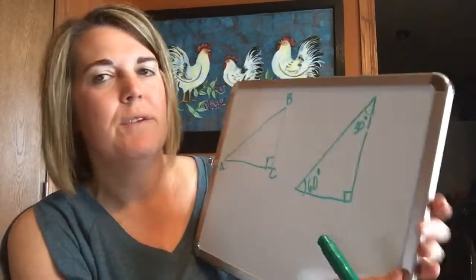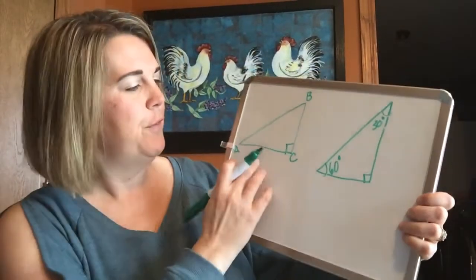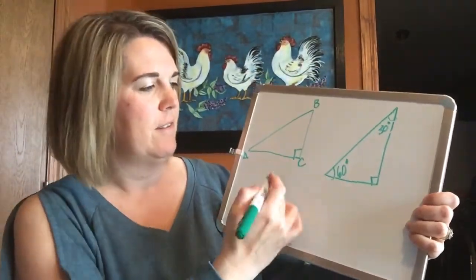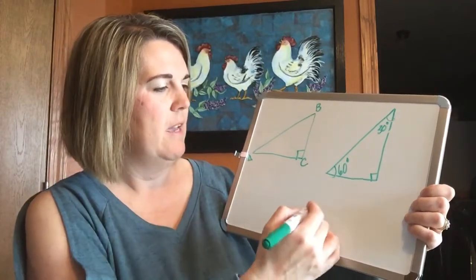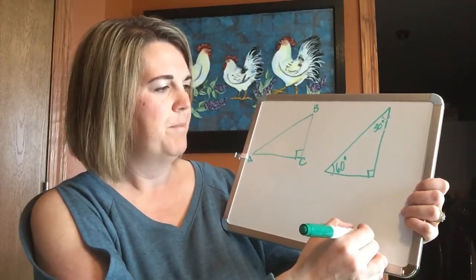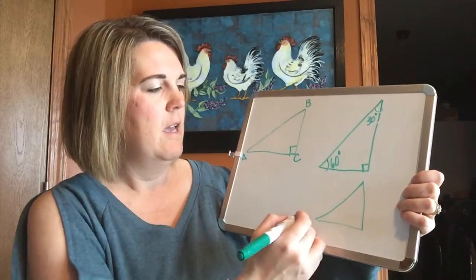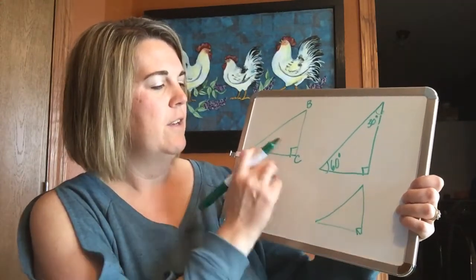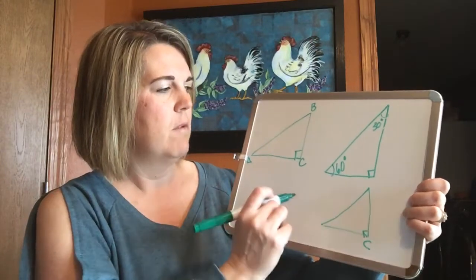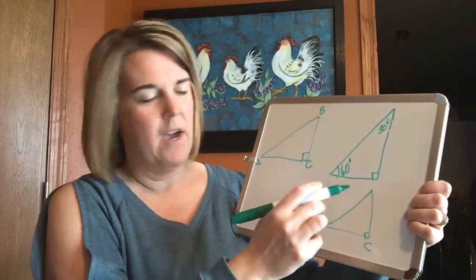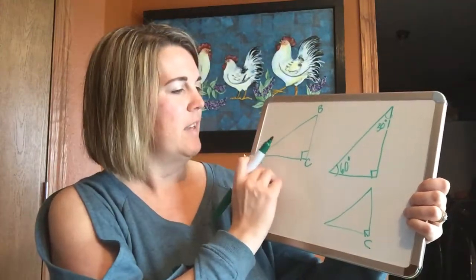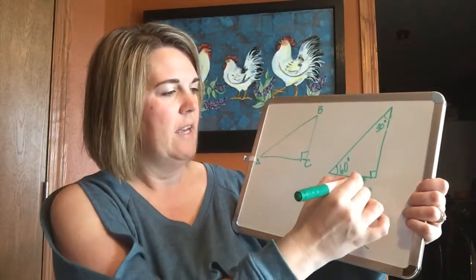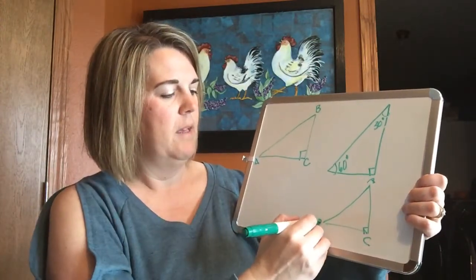If I was doing this in my head, I would flip this so that it looked like this. I would flip A to look like this. If this is my right angle, I know that this is C. And if I flipped C to look like this, I know I put A here and B is here.